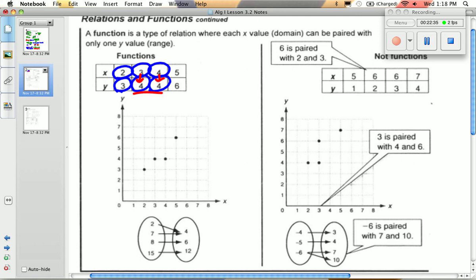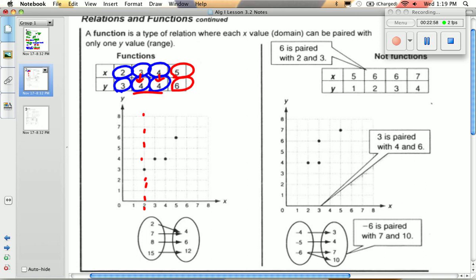They can't have the same x with different y's, or they're not considered a function. In this case, they have the same y. That's okay. They're different x's. And here we have 5 and 6 as well. So that's a function. Here just happens to be the graph of that table. And look at what happens on the graph. If there's going to be 2 different y values, there'd be another point somewhere along the way, when x is equal to 2.